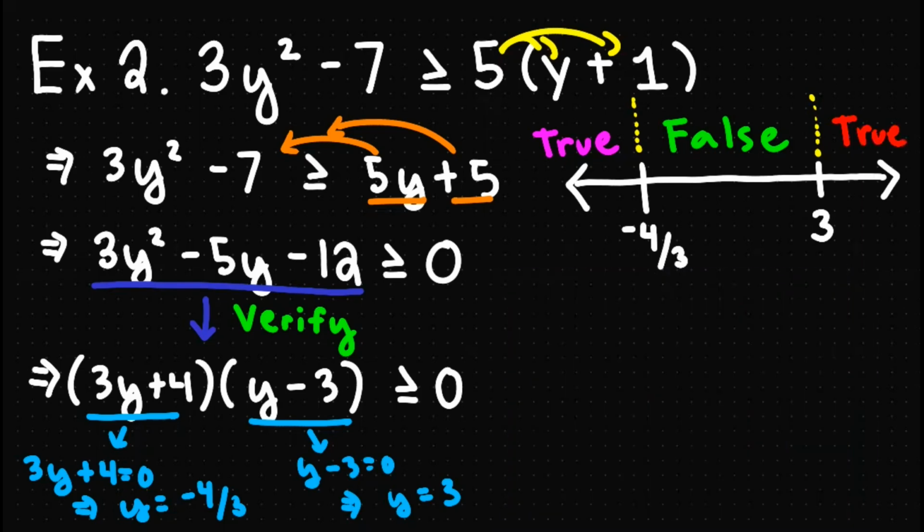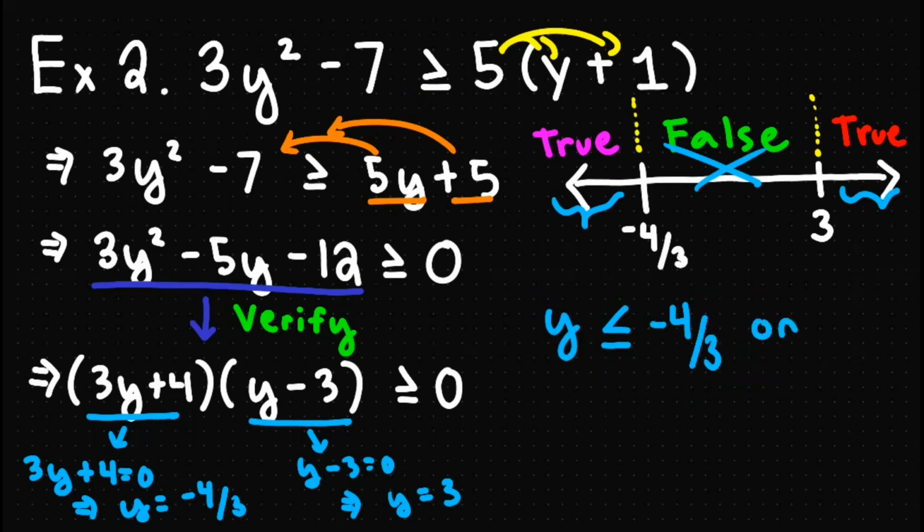And so with that, we can conclude that we have two valid regions out here, not considering this one. So our final answer is y is less than or equal to negative 4 over 3, since we have an equal to out here, or y is greater than or equal to 3.